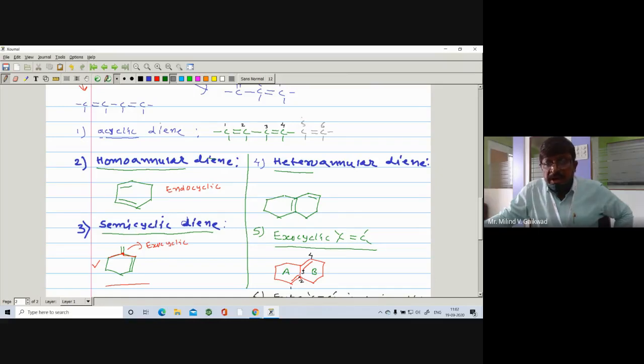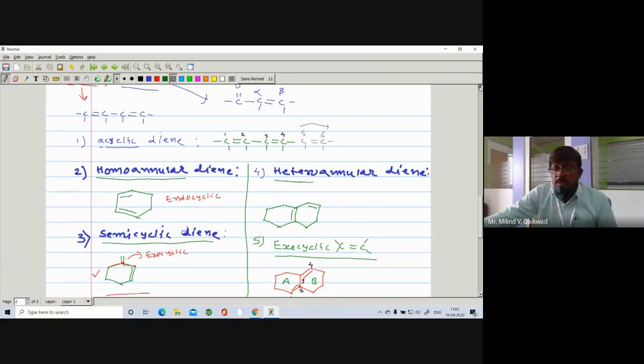This 5 and 6 is extra to the system, an extra carbon double bond. When there is one extra carbon double bond, you have to add 30 nanometers. You should know this basic concept to solve the problems.